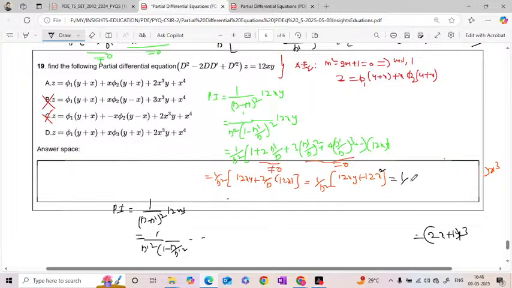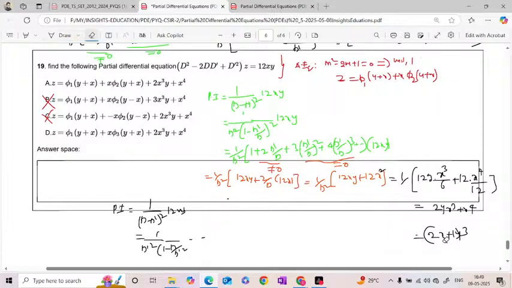So after double integration of this, x is 12y into x square by 2, that means x cube by 6. The second one is 12 into x power 3 by 3 and x power 4 by 4, it is 12, 3 and 4, 12. So 2y x cube plus x power 4.